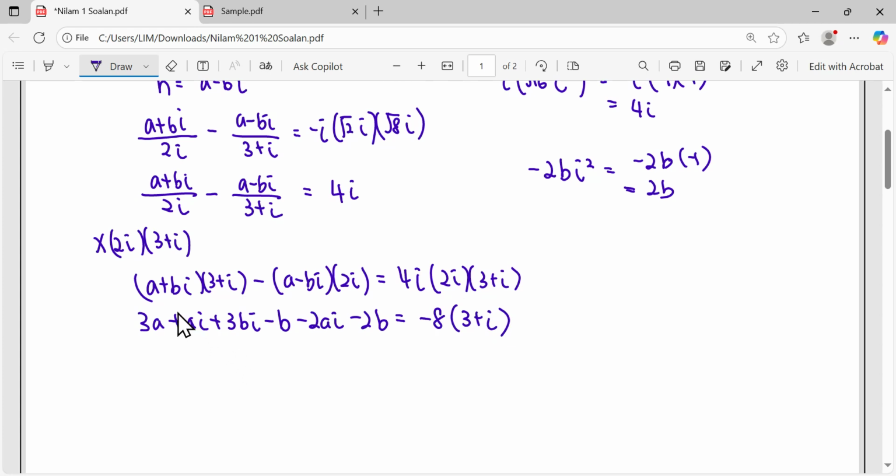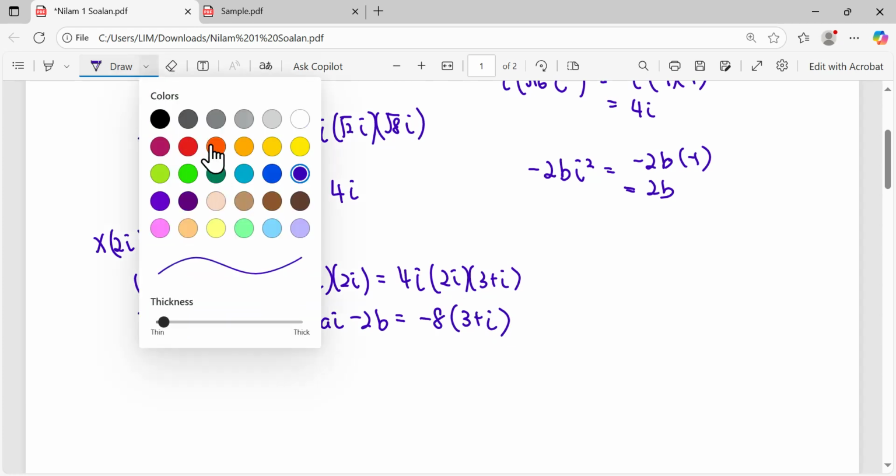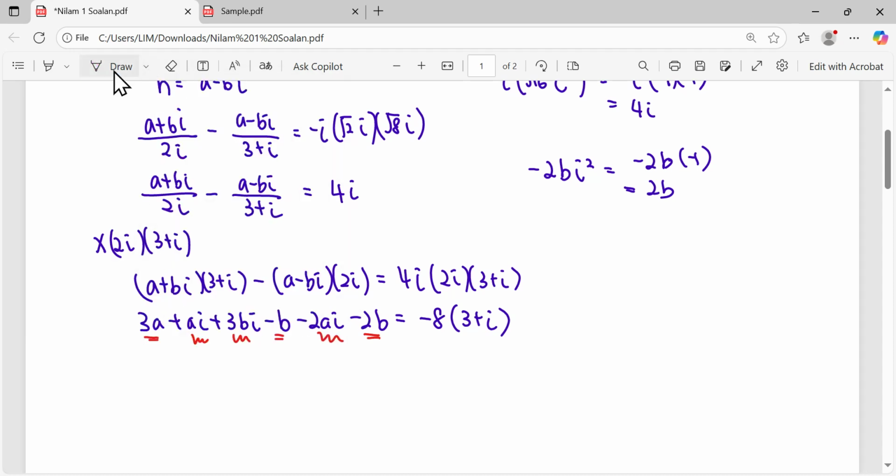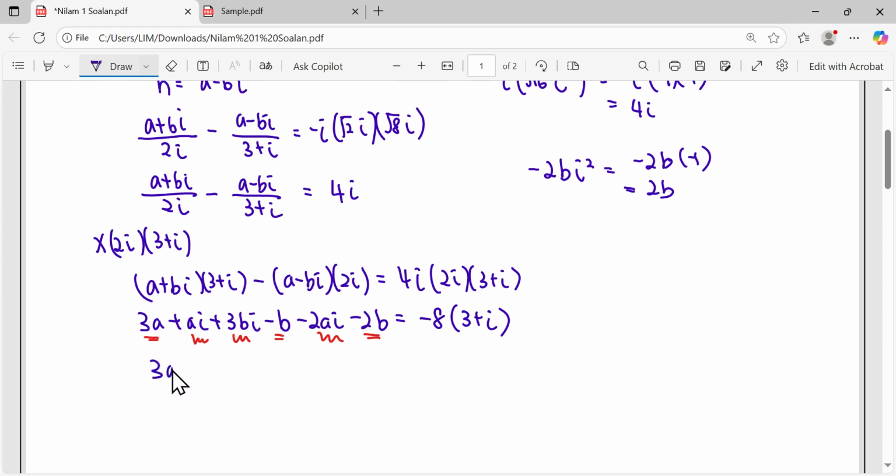Then we rearrange: real part with real part, imaginary part with imaginary part. So we have 3a minus b minus 2b, which is 3a minus 3b.